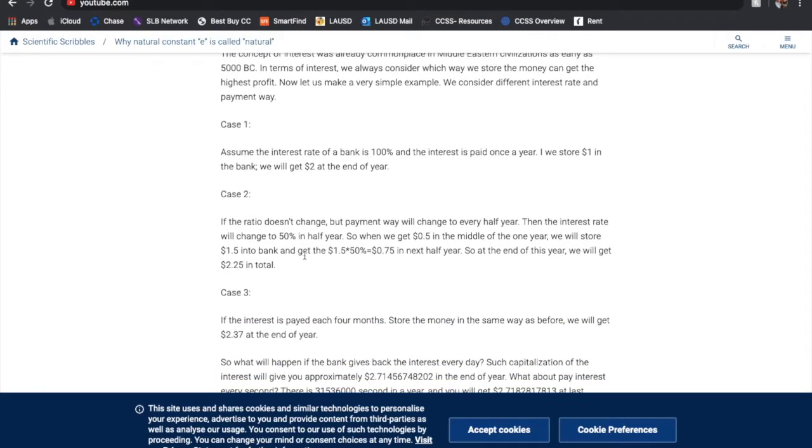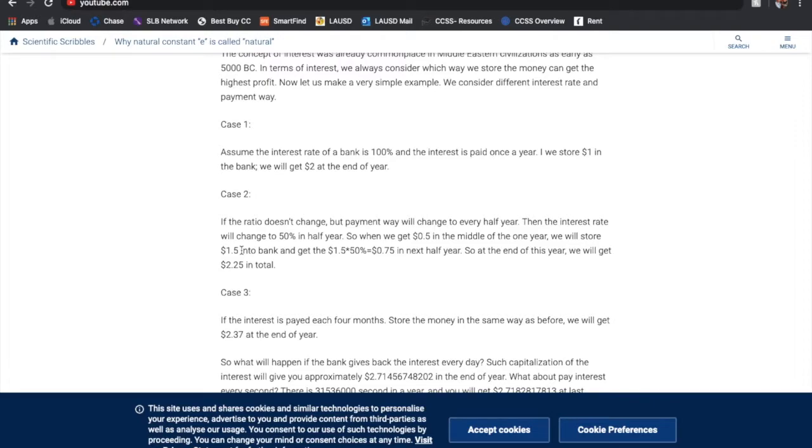And say that you're still going to get 100%, but this time they do it twice a year, right? So the first time around, you're going to go from $1 up to $1.50, because in half a year you only got 50%, so 50% of $1 is 50 cents, and 50 cents plus that $1 is $1.50.